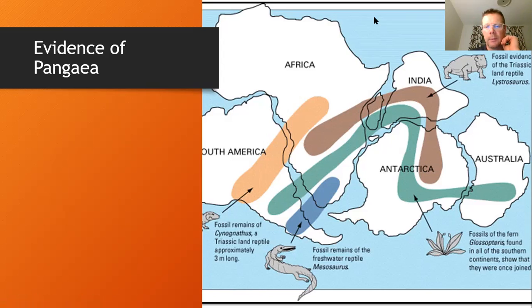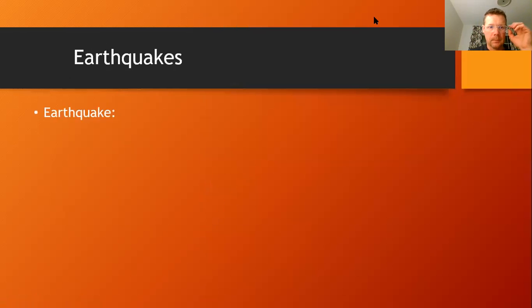We have a handful of reptiles, some plants. So we have some evidence that Pangea was a thing, is what it comes down to.